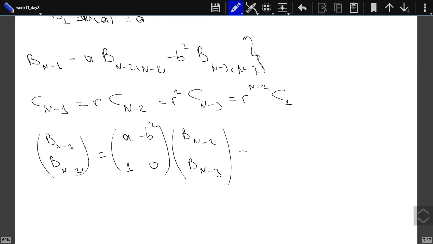Well, let's see. Then this would be equal to the matrix A, minus B squared, 1, 0 raised to a power, times B_{n-2}, B_{n-3}, or B2, B1. We already know what B2 and B1 are.